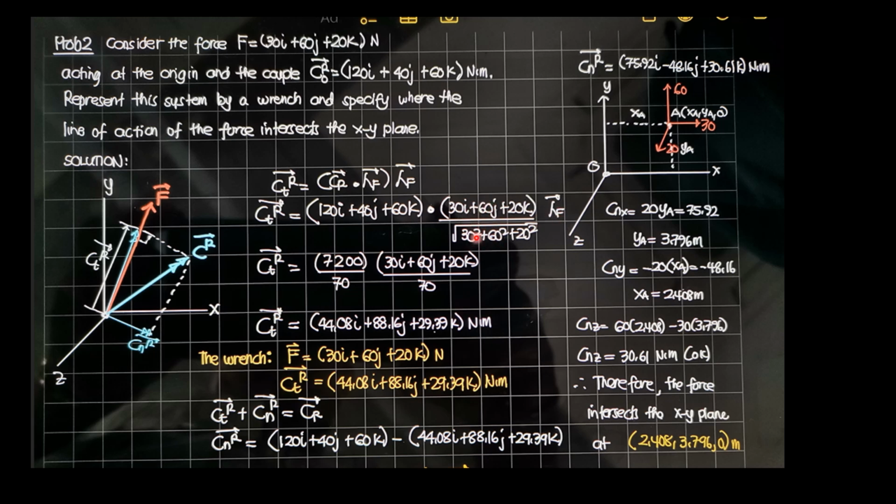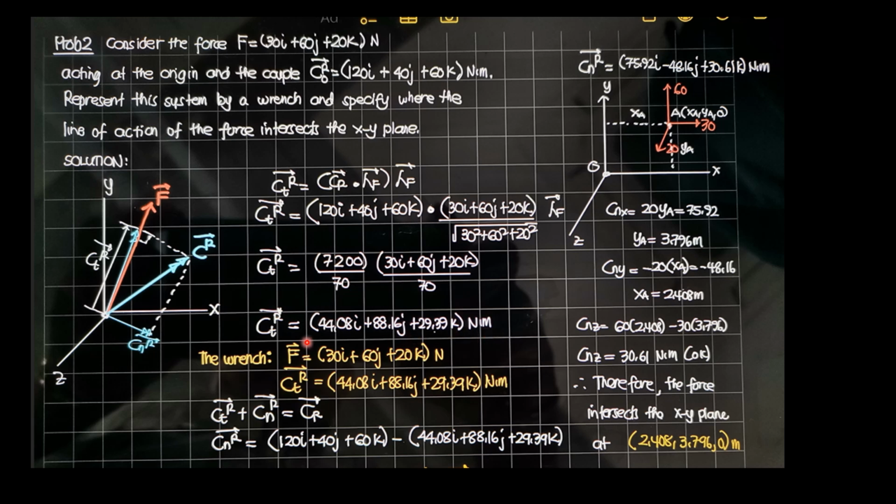So the magnitude of the force is 70, and the product 120 times 30 plus 40 times 60 plus 60 times 20 is 7,200, which is in turn multiplied by the unit vector of F. So we simply copy this. Then remember, this is equal to 70. So simplifying, C_TR is equal to 44.08i plus 88.16j plus 29.39k newton meters.